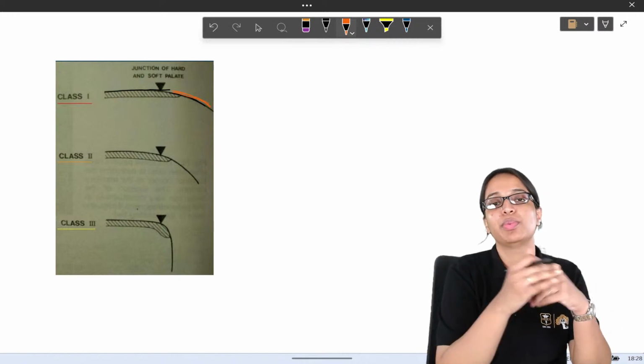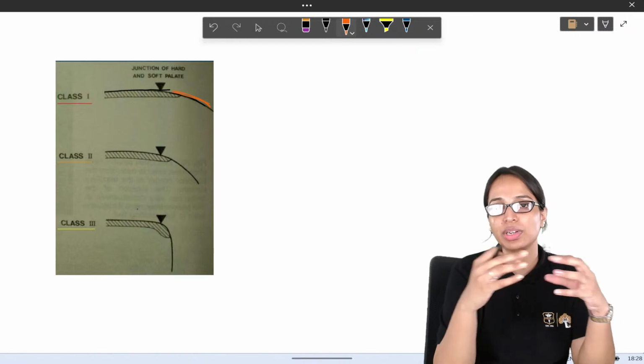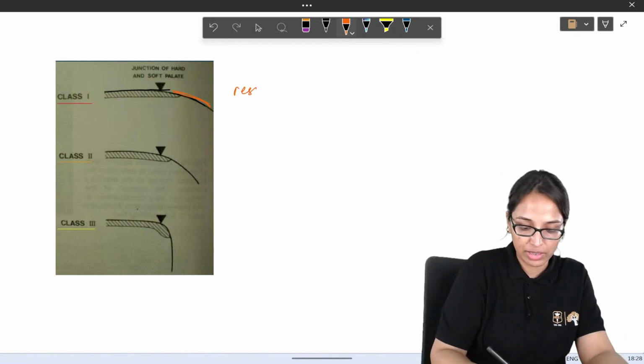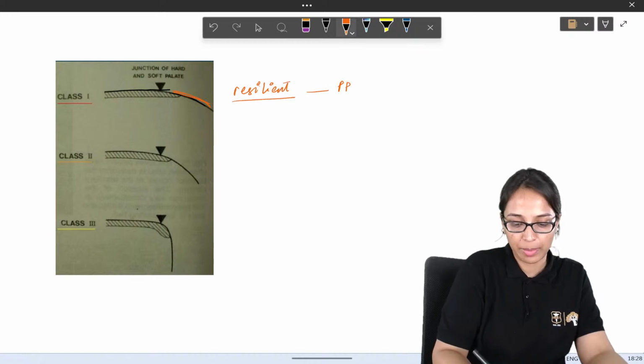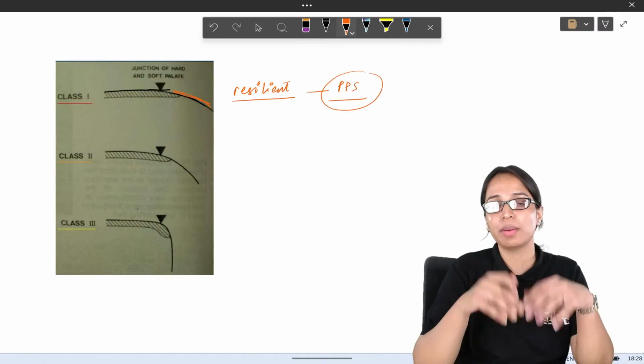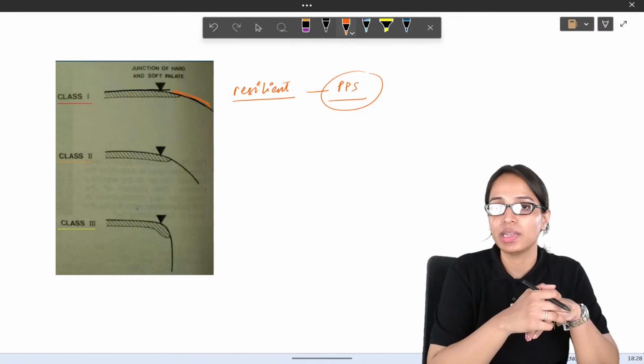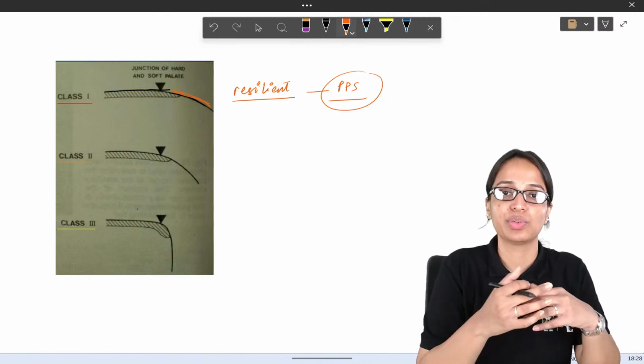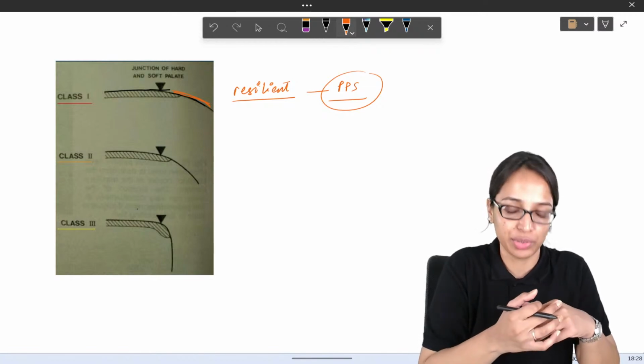The union between both of them, the junction, is usually made of resilient tissue or resilient structures which form the PPS. Some pressure can be applied over this area within physiological limits, so it can help you with retention of the denture.